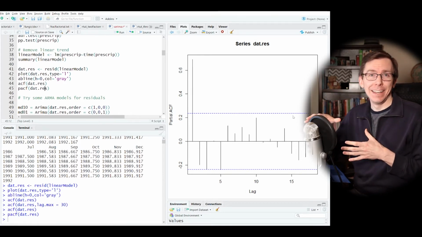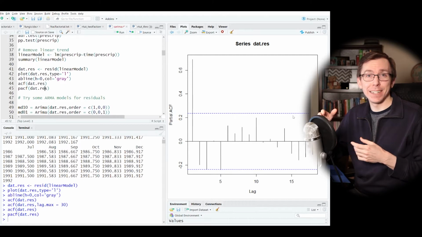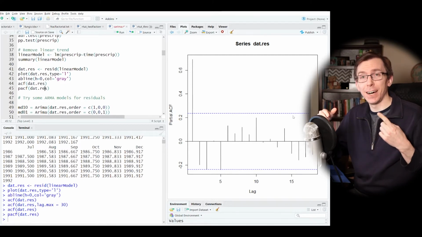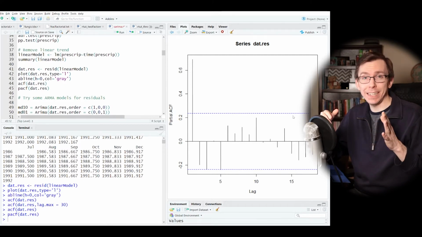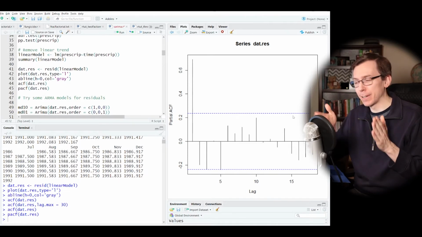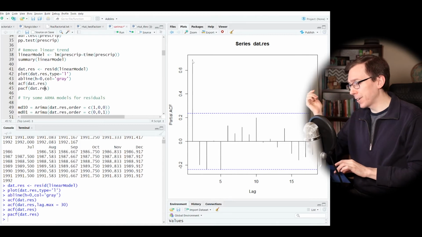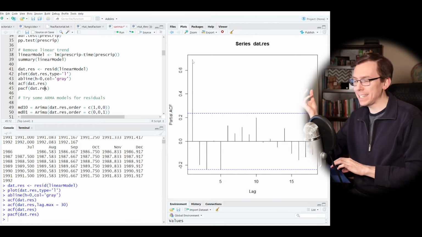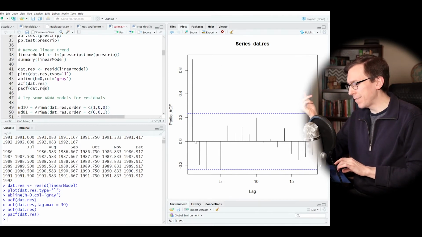It's hinting that we have an autoregressive process of order 1, because remember, an autoregressive process of order P will have its PACF vanish as soon as the lag goes beyond P. And here we see a very strong signal from the PACF at lag 1. It immediately vanishes once we get to lag 2, and then all of these are below our noise floor.